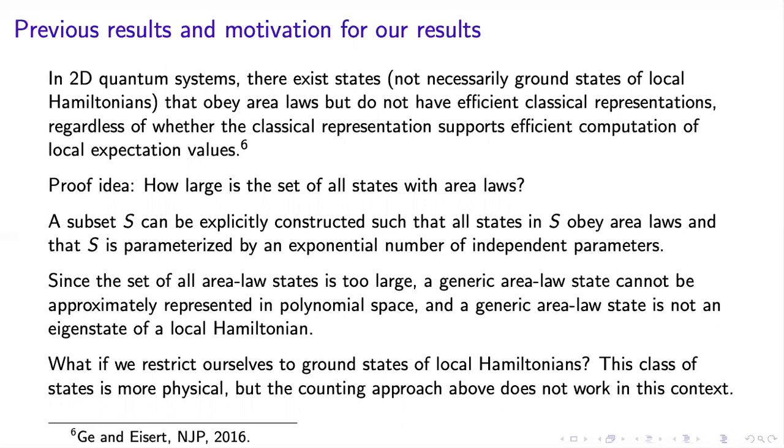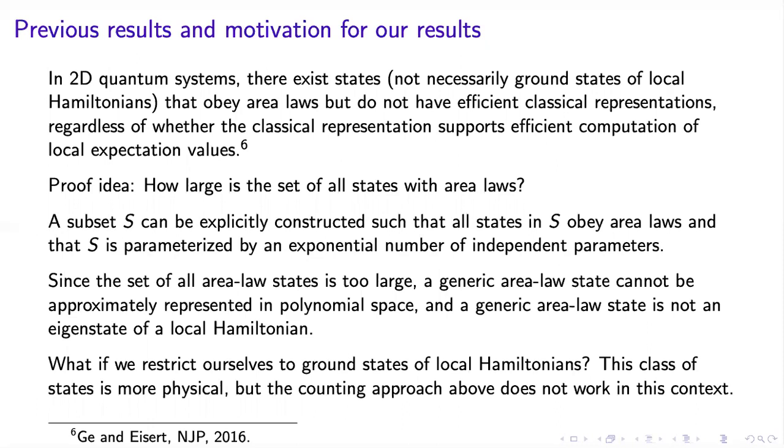The proof of this result comes from the idea of estimating how large the set of all error law states is. Indeed, it can be shown that the set of all error law states is parameterized by an exponential number of independent parameters.